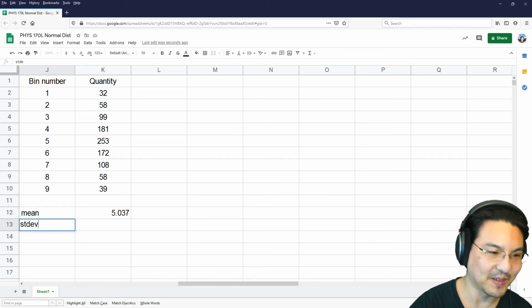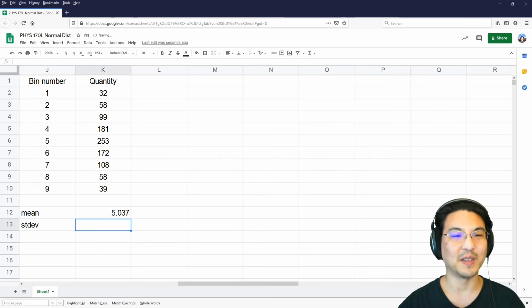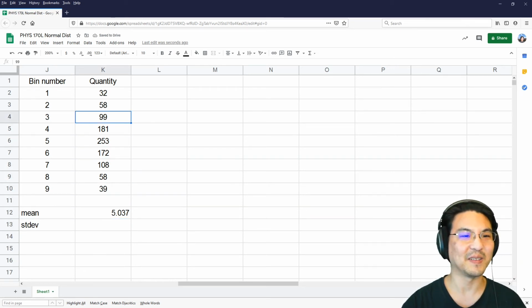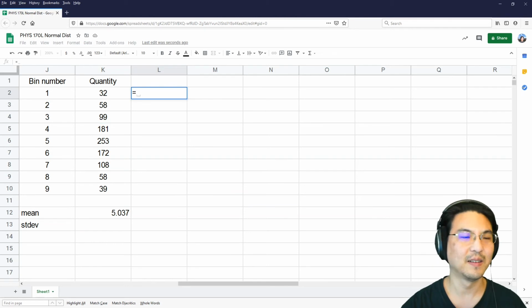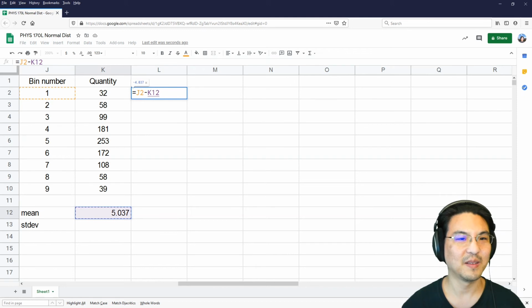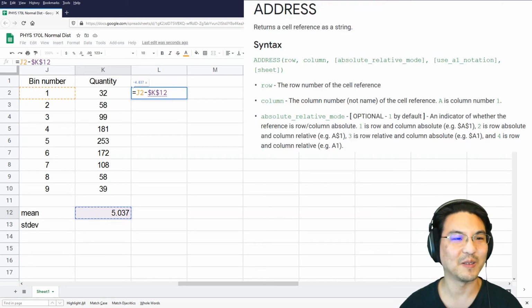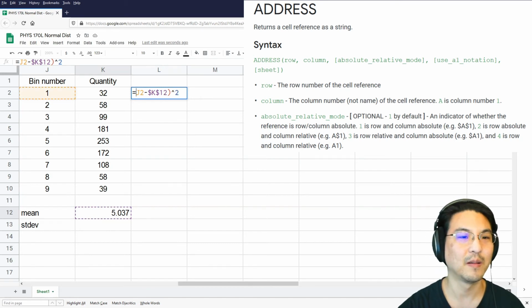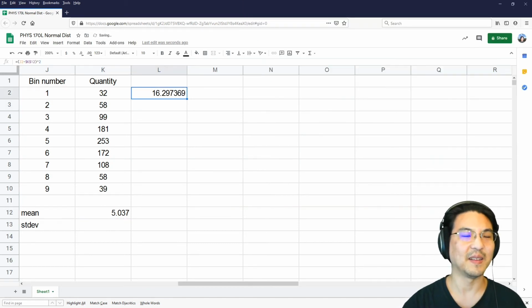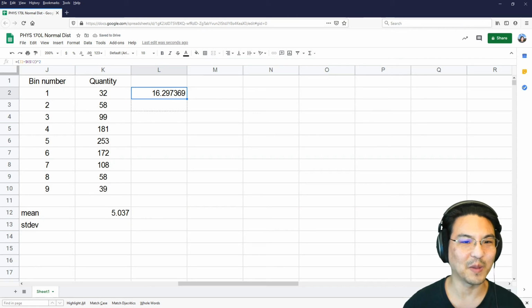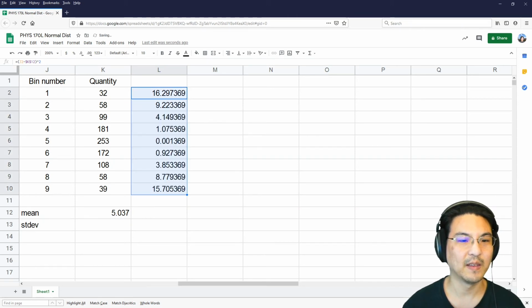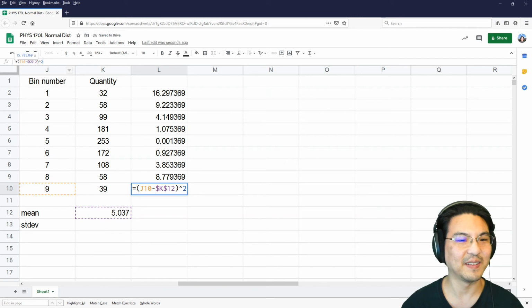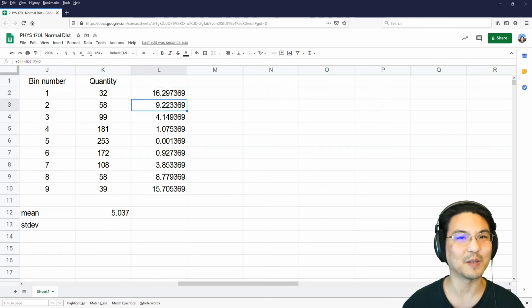Okay, standard deviation. We needed that little bit of extra work, right? So it was this bin minus the mean, and then I'm going to press F4 to add those dollar signs, and then that quantity squared. Okay, and now I can drag this formula down so it's valid for all the cells. And then now I wanted to add this times this plus this times this plus this times this.